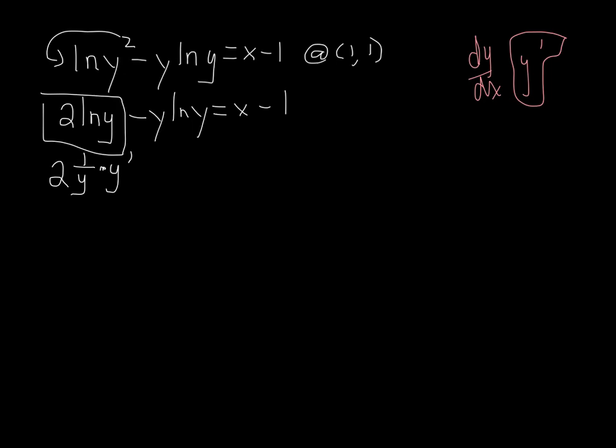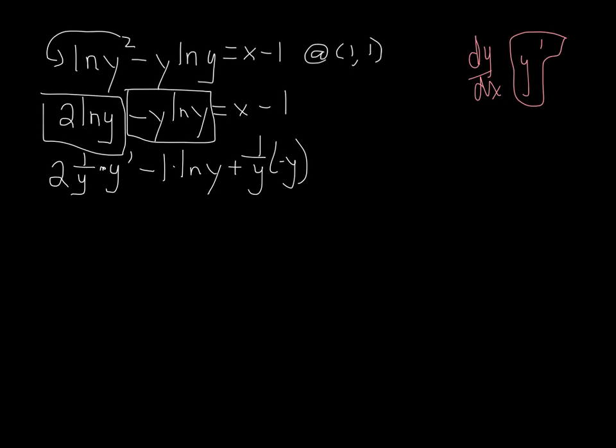Now the next term is a product rule, because we have two variables being multiplied: the negative y times the ln of y. So the derivative of minus y is minus 1, and then I need to multiply that by ln y, and then multiply the derivative of ln y, which is 1 over y, by negative y.